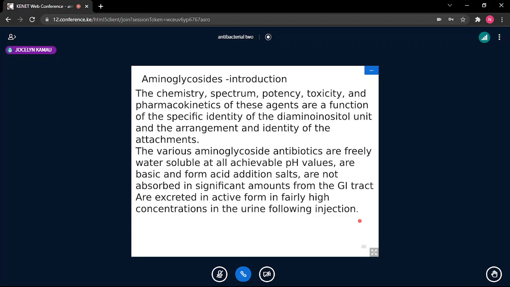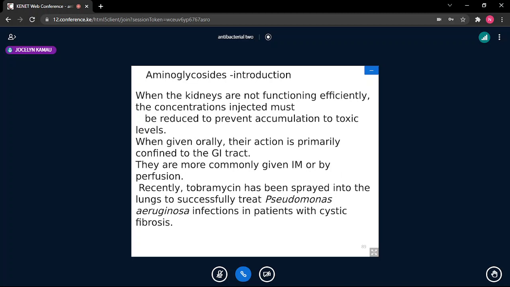So they really do not require metabolism for their excretion. So they are not orally active. They are mainly excreted as they are. They are basic in nature, highly water soluble.